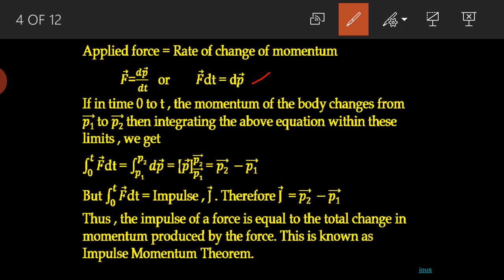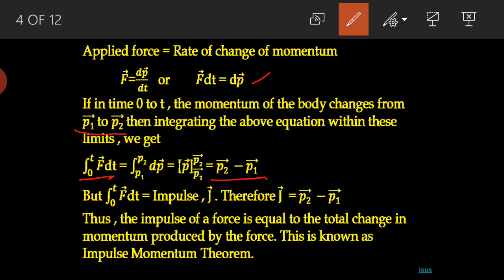If in time 0 to t, the momentum of the body changes from p1 vector to p2 vector, then integrating the above equation within these limits, we get the integral of F dt from 0 to t and the integral of dp vector from p1 to p2. So what we get after integration is p2 vector minus p1 vector.